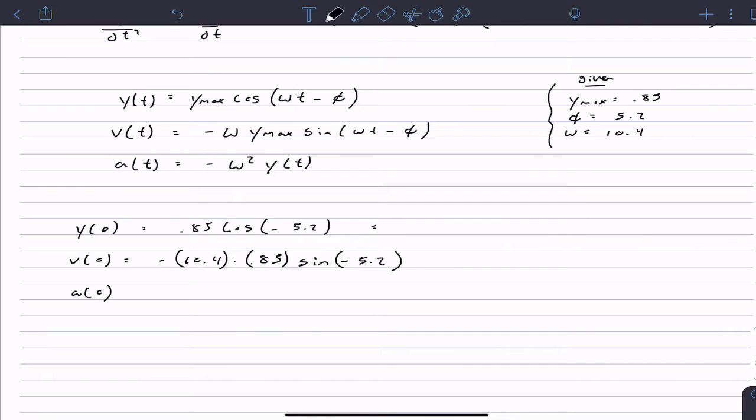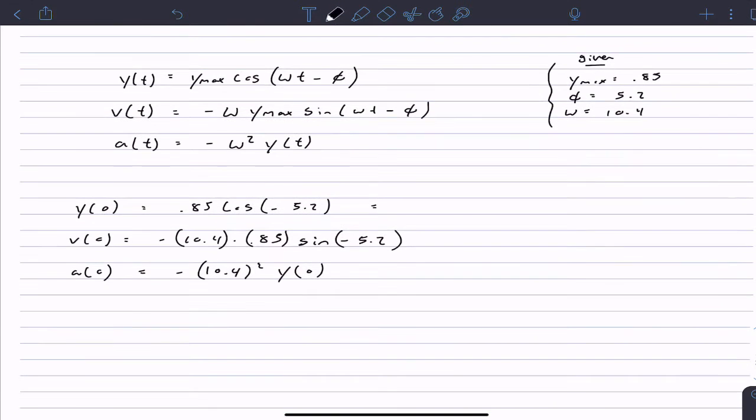A of 0 is equal to negative 10.4 squared times 0.85 times, well, we can just take, this is y of 0. I guess we could have done this as y of 0 as well, but no, that's a different value, excuse me. Okay, we'll just leave it the way it is.